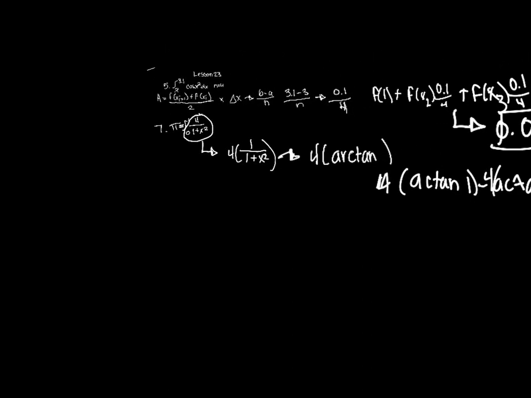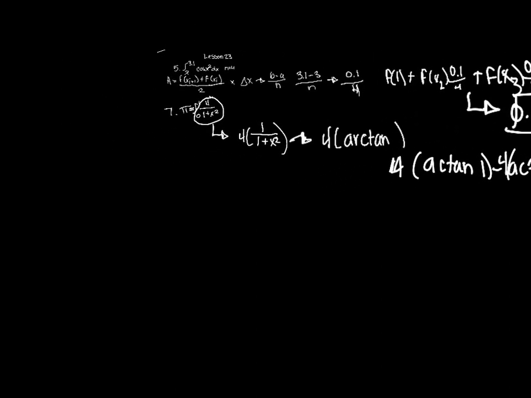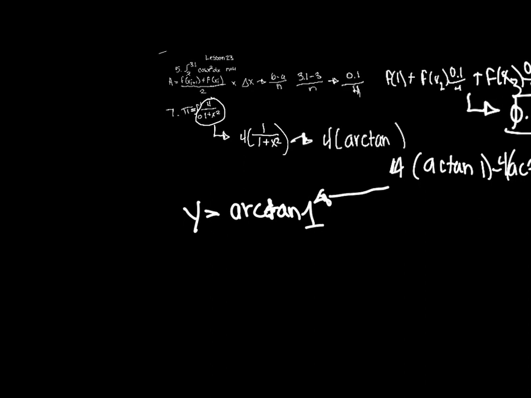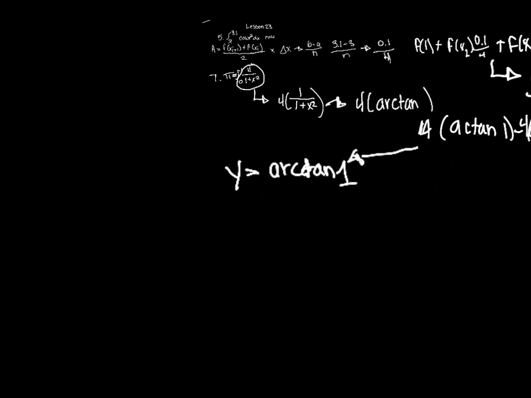Right now you're like, wow, what the hell? How does this relate to pi at all? Well, I'll show you. If we just look at the base, let's say imaginarily y is equal to arctan of 1. We can do tangent, right?